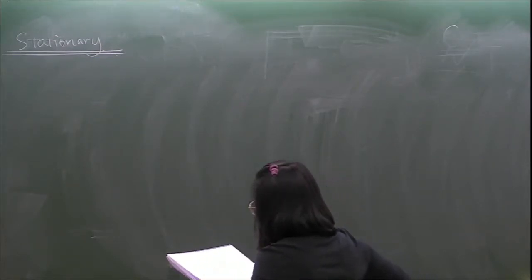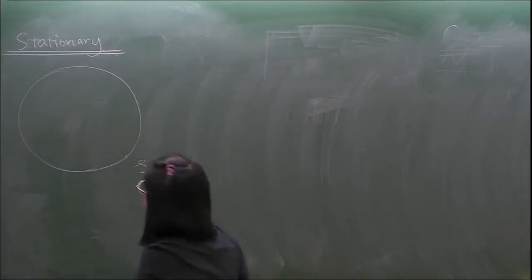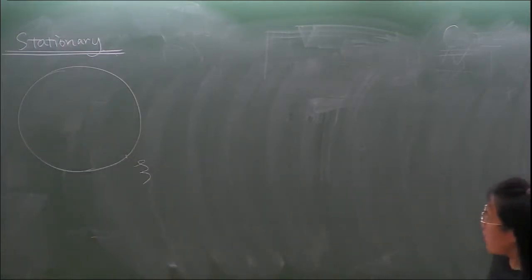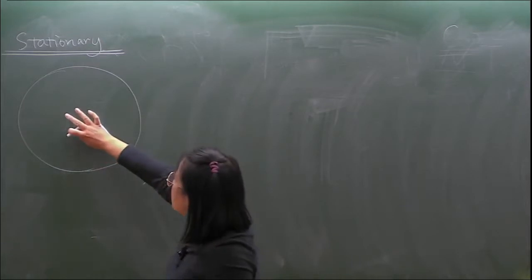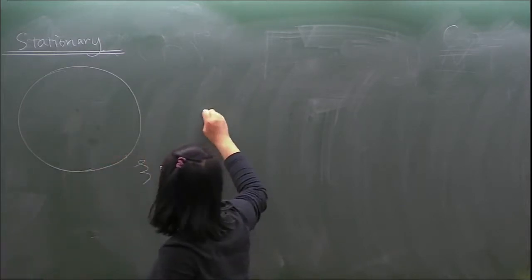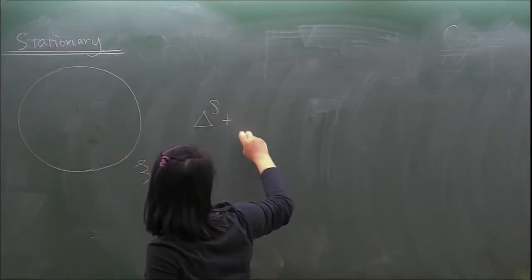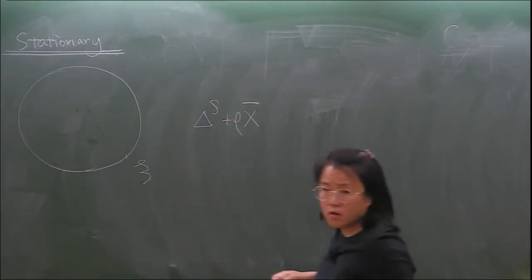So what's the diffusion? You go upstairs, on each stable leaf, then actually you will have a diffusion corresponding to the operator Laplacian S plus rho x bar. You have a diffusion.